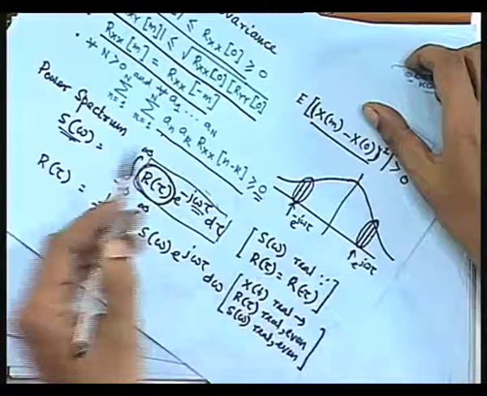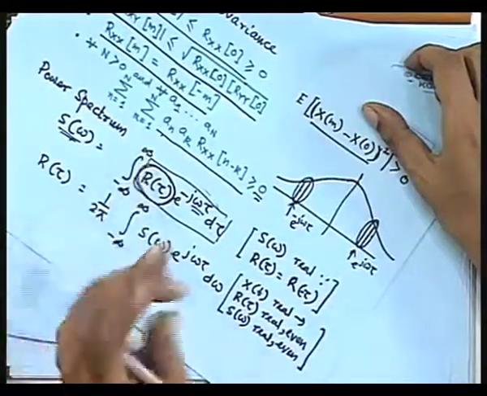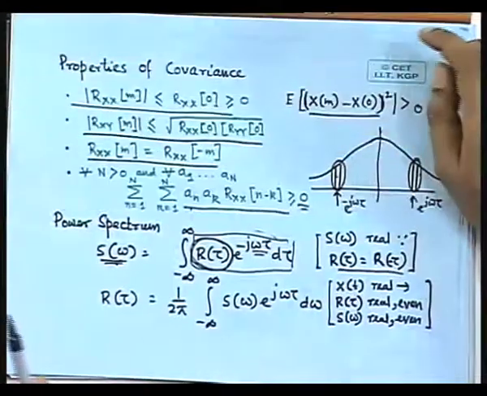So if you add them up, because you are integrating from minus infinity to plus infinity, if you consider such pairs of terms, then if you add two complex conjugate quantities, you get a real. So all these pairs will add up and keep on cancelling the imaginary term. So you will get a real integral. That's why S omega is real always. It is not a complex function, right? So that is because of this symmetry.